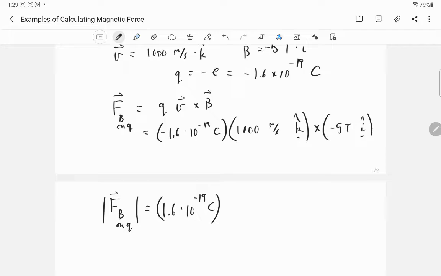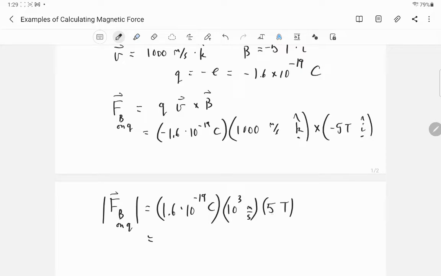And then I'll take the speed, the magnitude of the velocity, so it's 10 cubed, that's 1,000 meters per second. And then I'll take the magnitude of the magnetic field, 5 Tesla. And so we can just calculate this out.